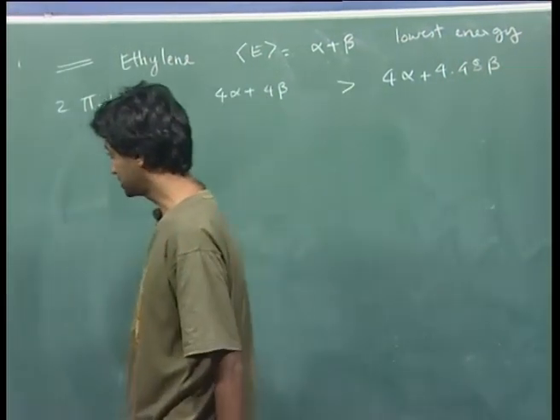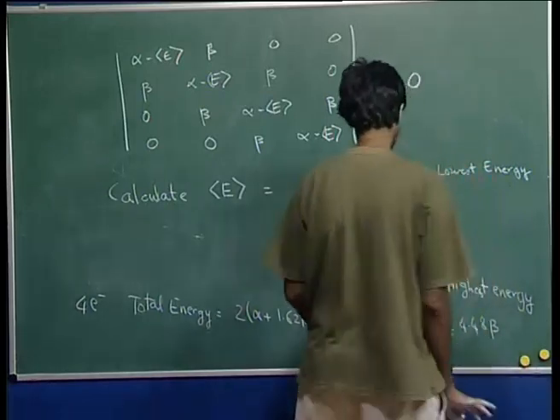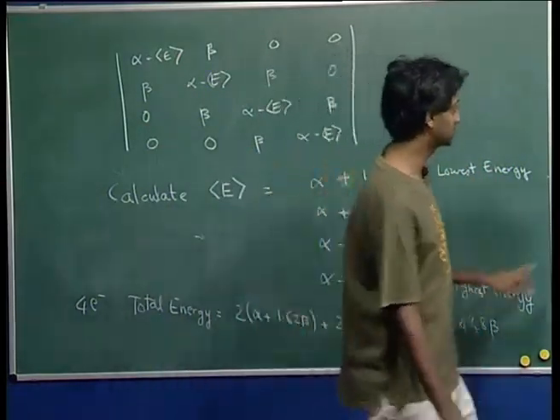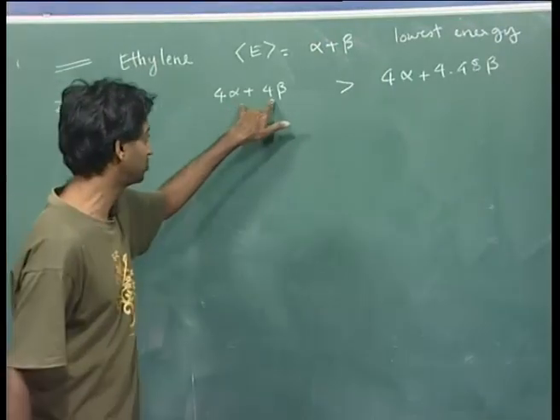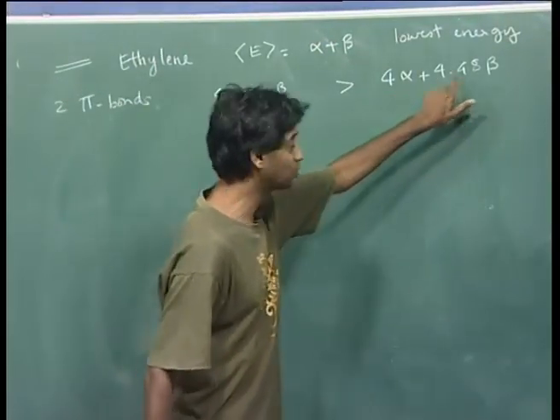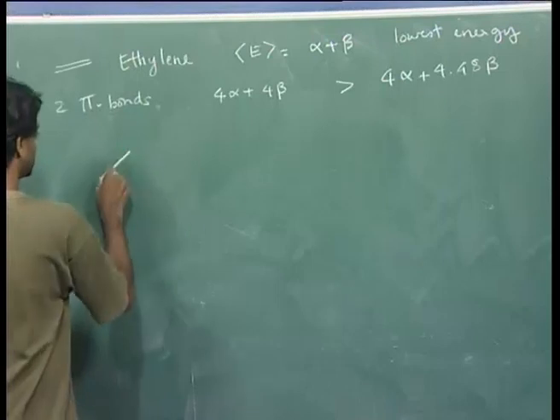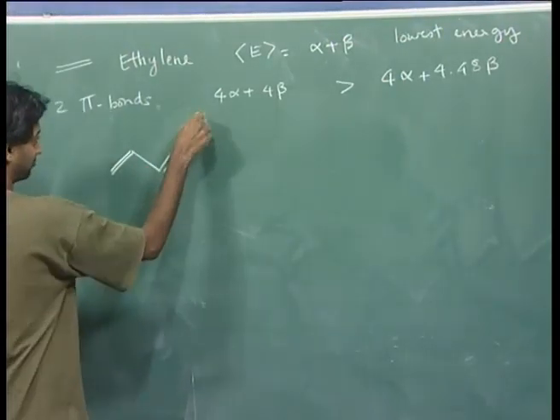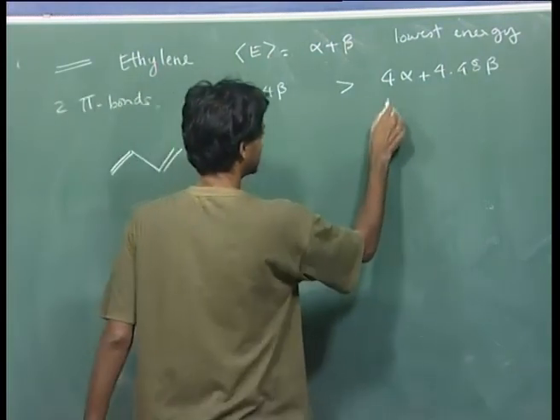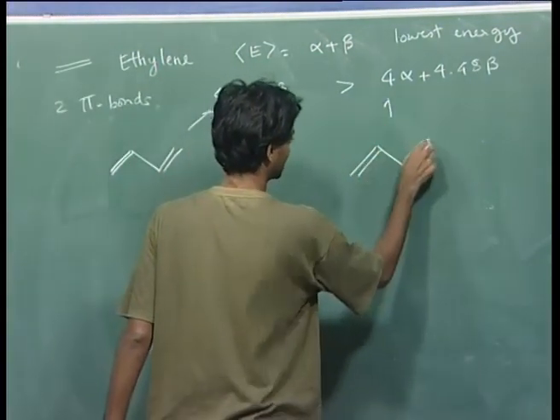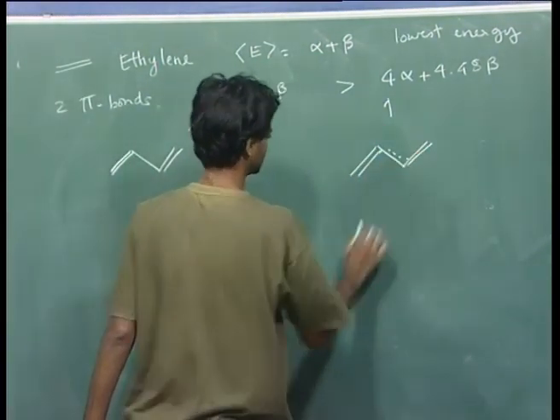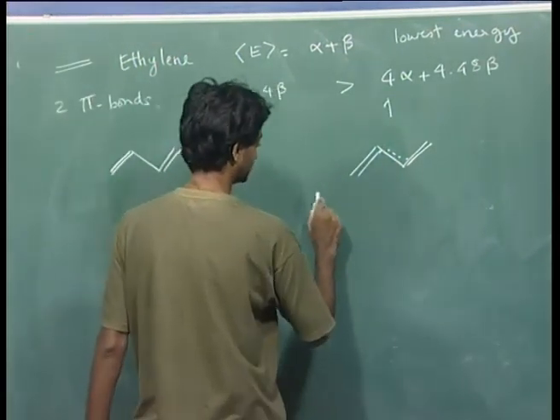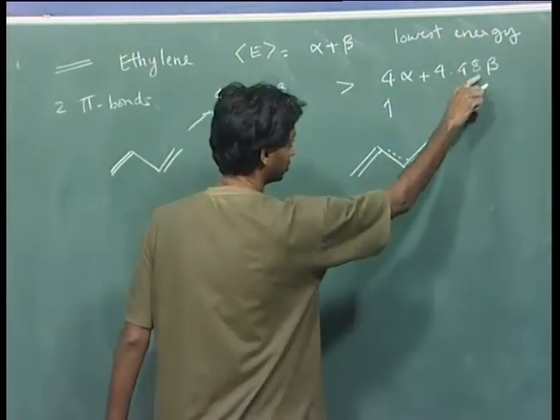So that means the energy of butadiene is lower than that of 2 separated pi bonds. If you had 2 separated pi bonds, the energy would have been 4 beta, but butadiene is lower than 2 separated pi bonds. In this case, because the electrons are delocalized, there is some delocalization, and that allows you to have an additional lower energy.